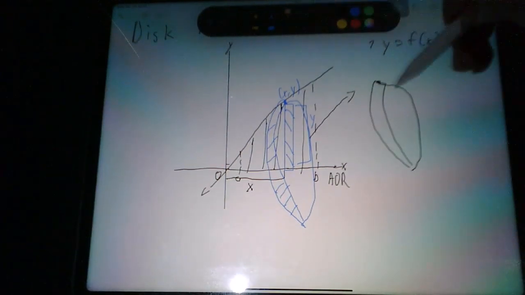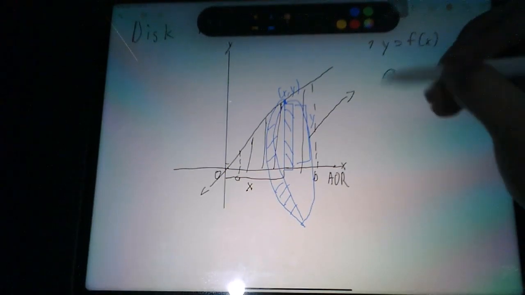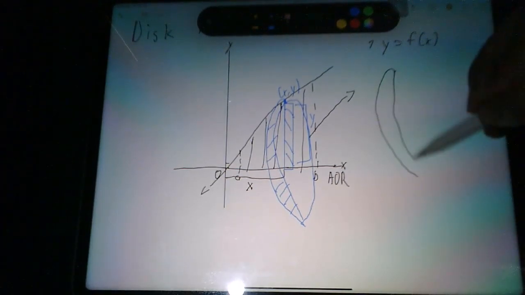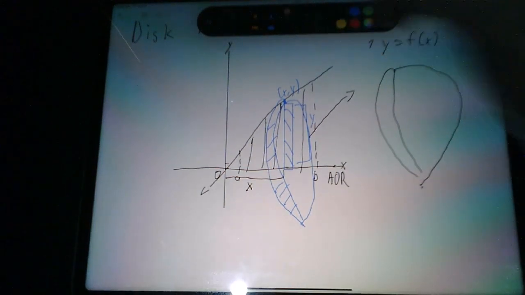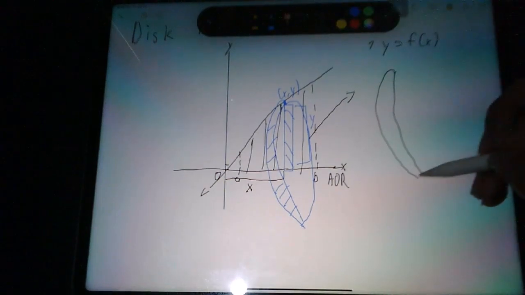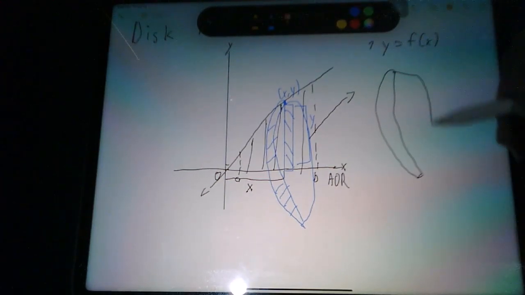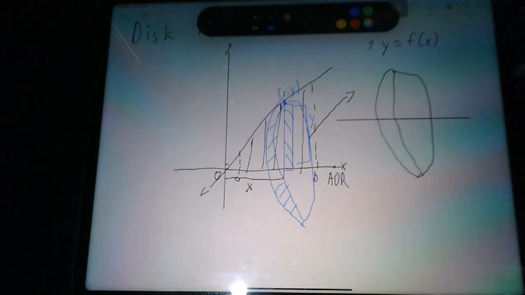Oh no, it's not straight. Let me erase it a little bit. Sorry, I don't know how to draw a cylindrical disc, but let's say this is our cylindrical disc and this is our area of rotation.